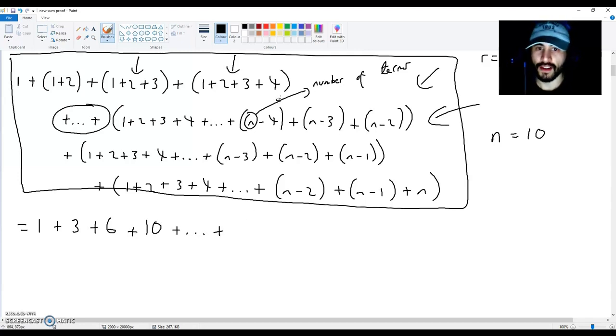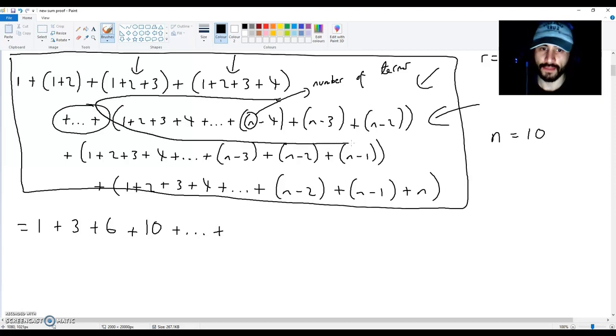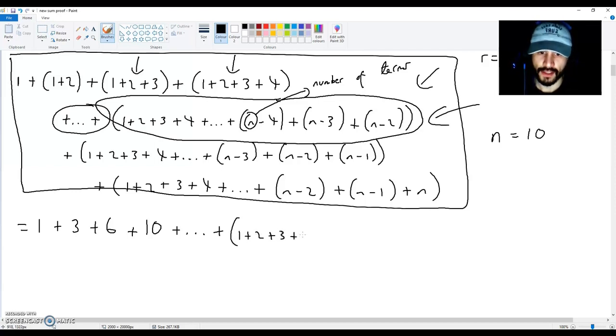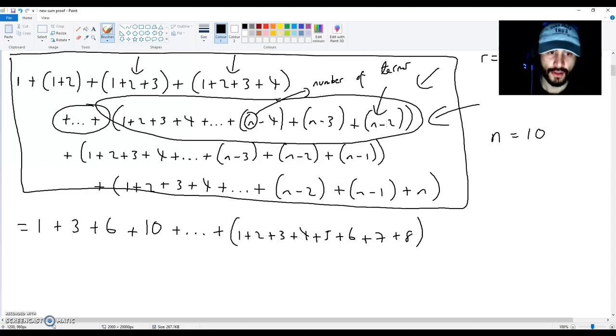We have this over here, which is simply going to be 1 plus 2 plus 3 plus 4 plus 5 plus 6 plus 7 plus 8, because 10 minus 2 is 8 and n is equal to this 10 over here.